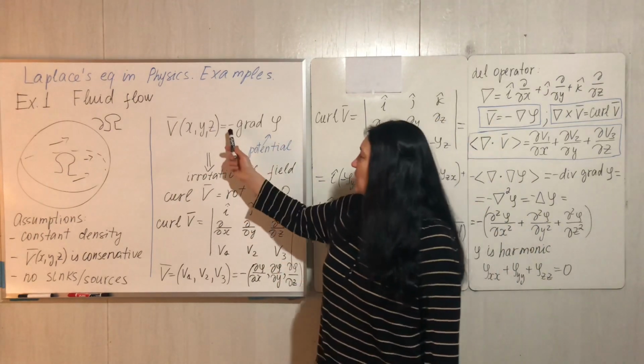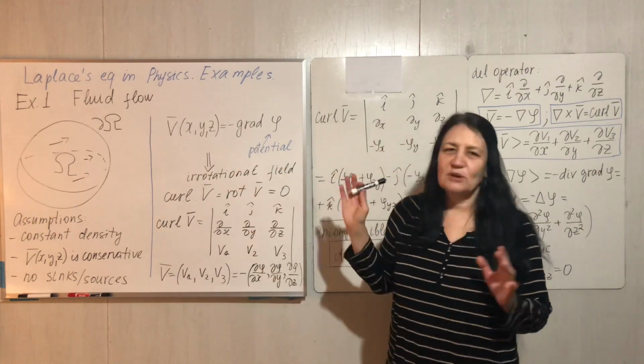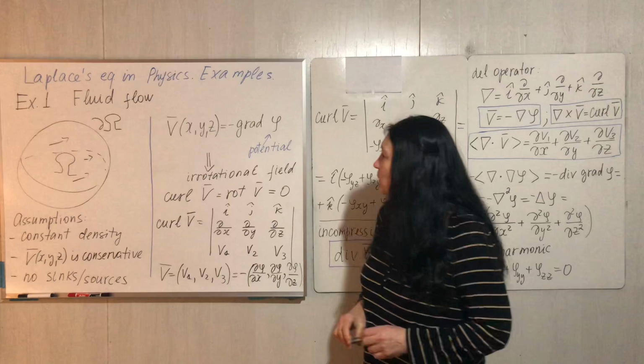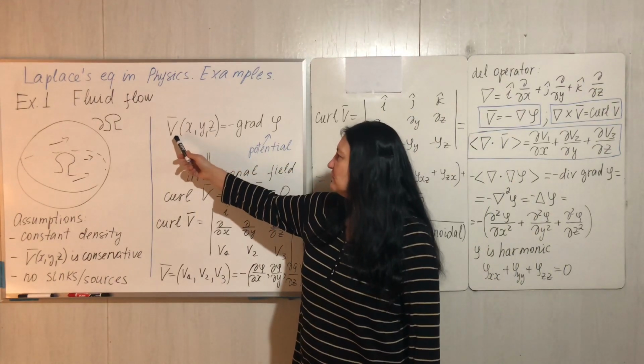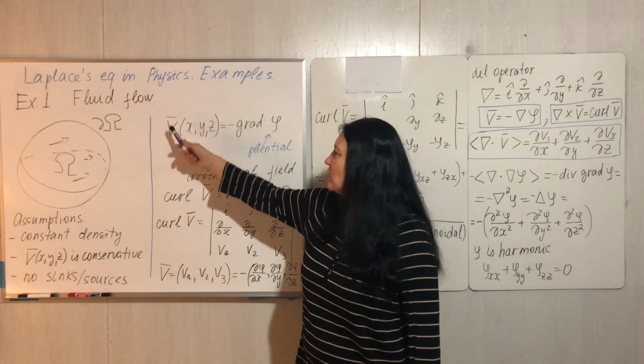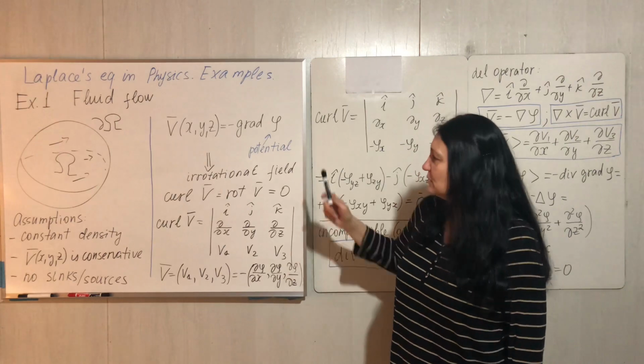And physicists like to put a minus here, so I put the minus here, but it will not affect our consideration at all. So we have a conservative vector field for velocity, so velocity is a gradient of some potential phi.